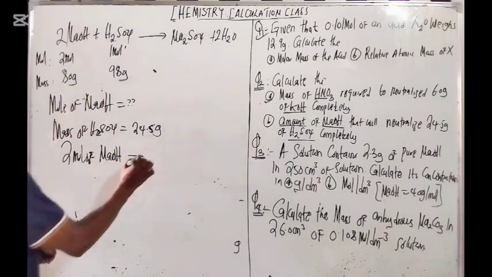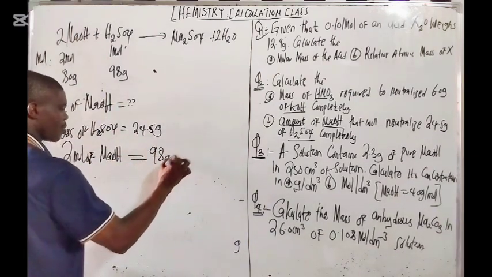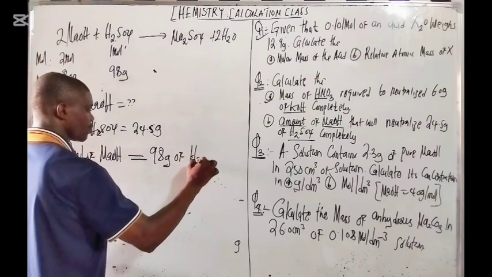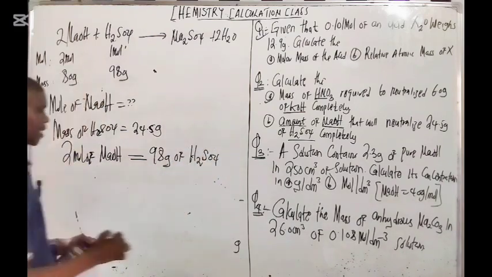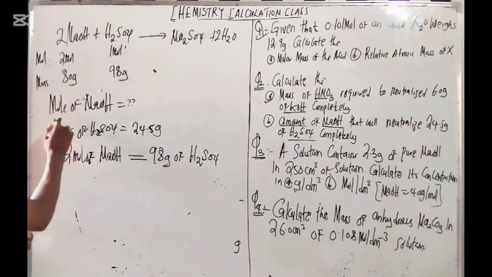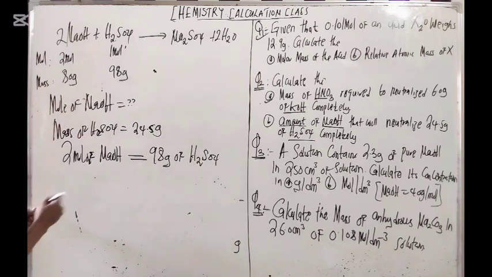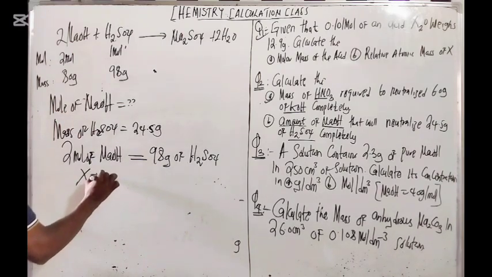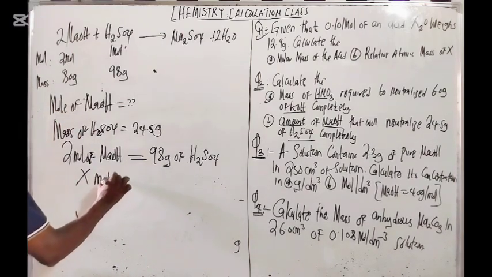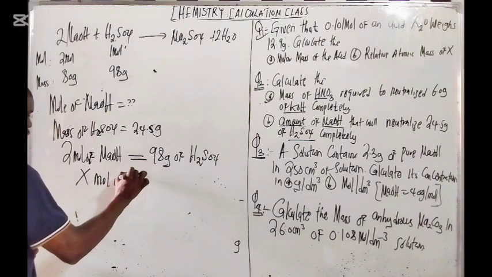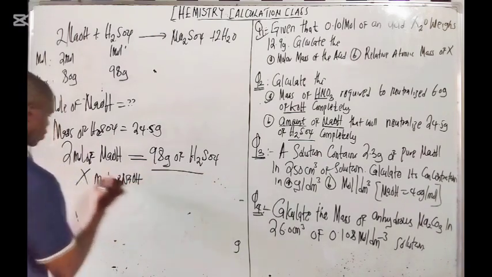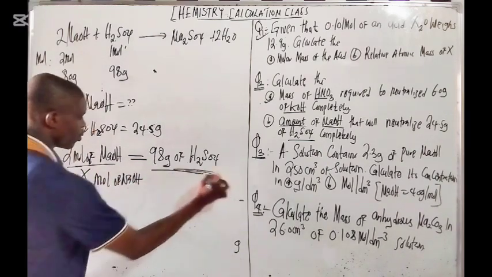That is 98 grams of H2SO4. Now here they are looking for mole, so here we have X mole of NaOH.